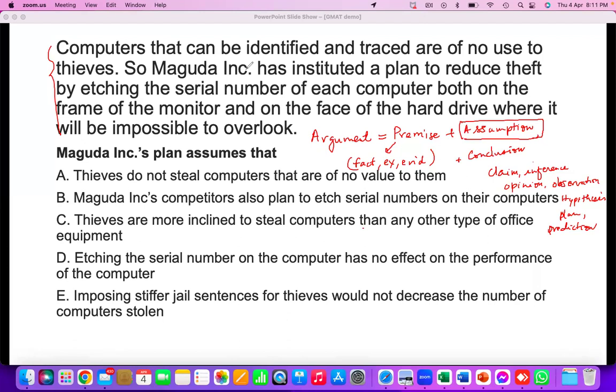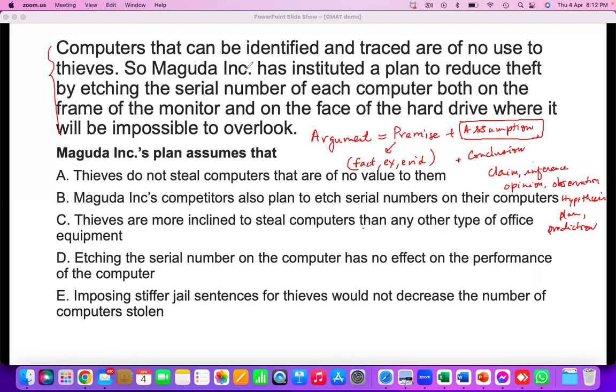It means what you need to tell him is, because it will be identified and then traced. So basically, you need to justify your plan. You will explain that since serial numbers are etched on computers, these are easy to trace out, and therefore thieves can also be traced out.